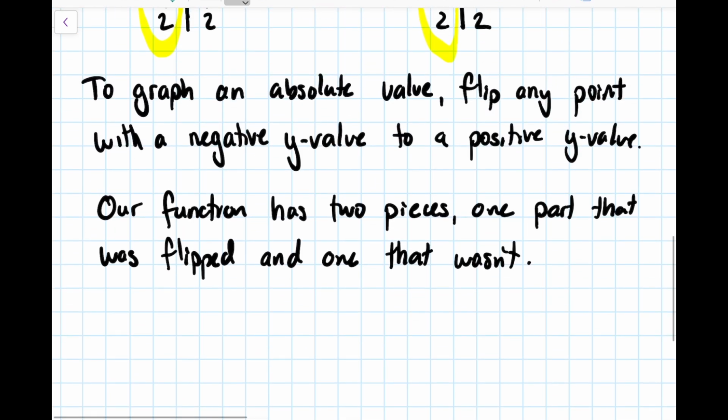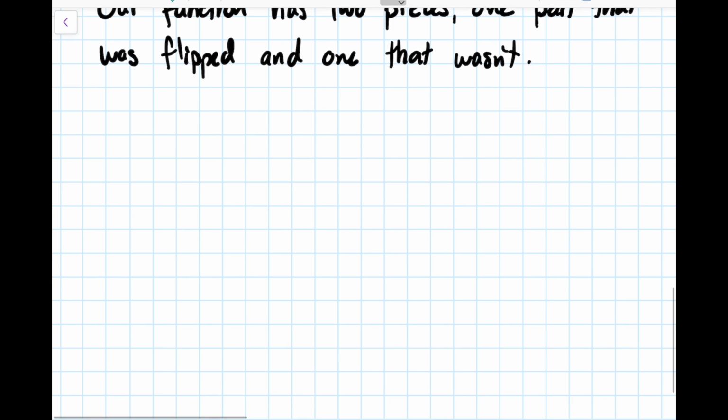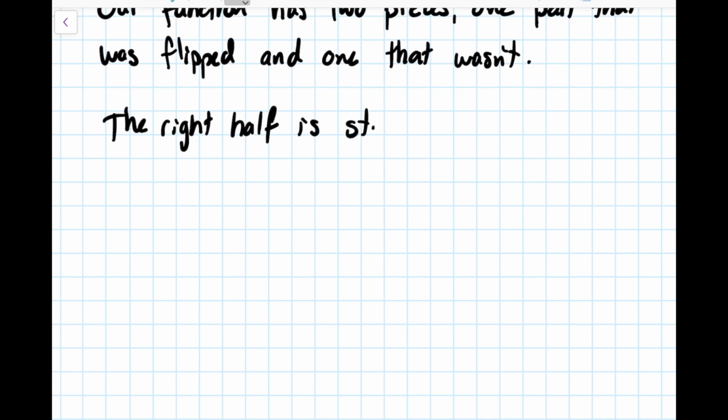So the right half of our graph, this part that wasn't flipped, is still just y equals x, because that's what it was originally, right? We graphed that, it didn't change. It's just y equals x. So the right half, in this case, is the original, just y equals x without the absolute value. The other half, the left half in this case, did flip.